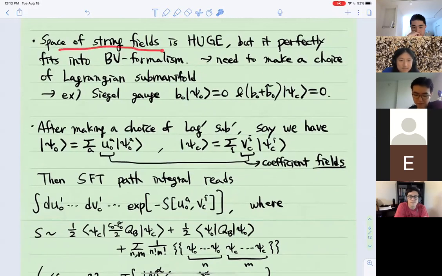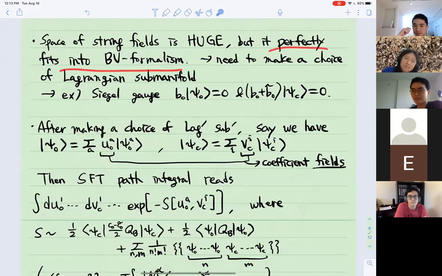So the space of string fields is huge. We are basically taking all the states in CFT. Okay. But magically, it perfectly fits into the formalism of BV. And the major success and major work that was done in the string field theory community over the last 3 decades by great theorists like Barton Zwiebach or Ashoke Sen was really to show that this formalism fits well into BV.